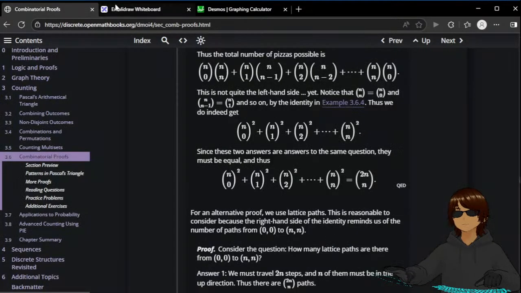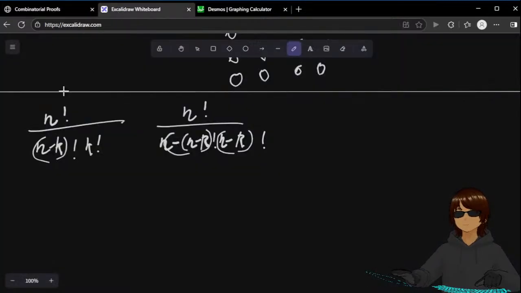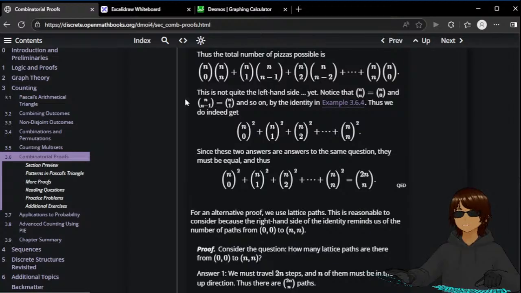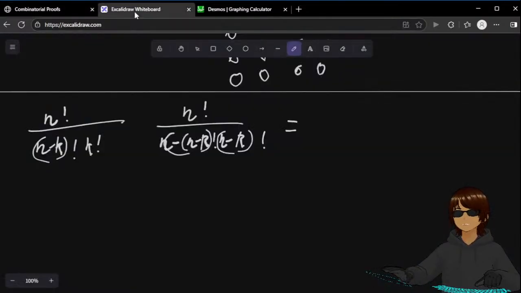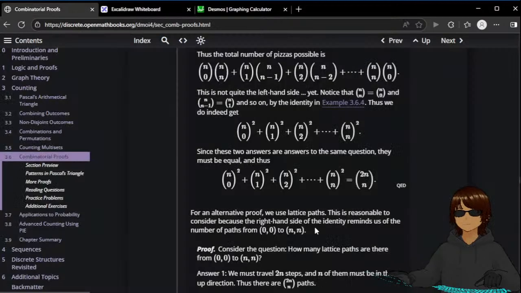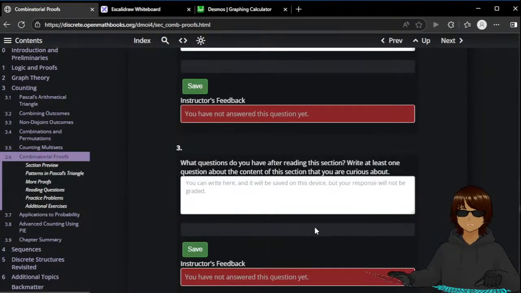This is what they're doing, right? If we multiply them, sorry, wait. No, I don't think this would work. Let's see what else is there.